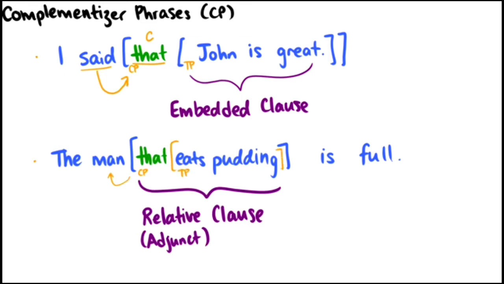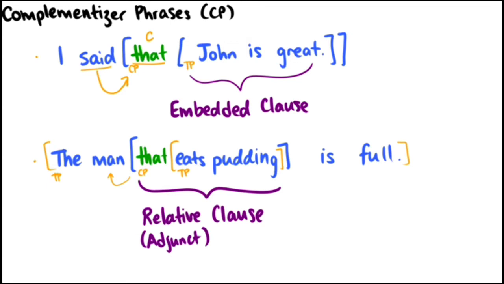In this theory there is some movement going on, which we'll cover later in the lecture series, but for now we can consider that to be part of the tense phrase. Once again, "the man is full" is a tense phrase on its own, but within it we have another complement phrase that has a tense phrase within it.